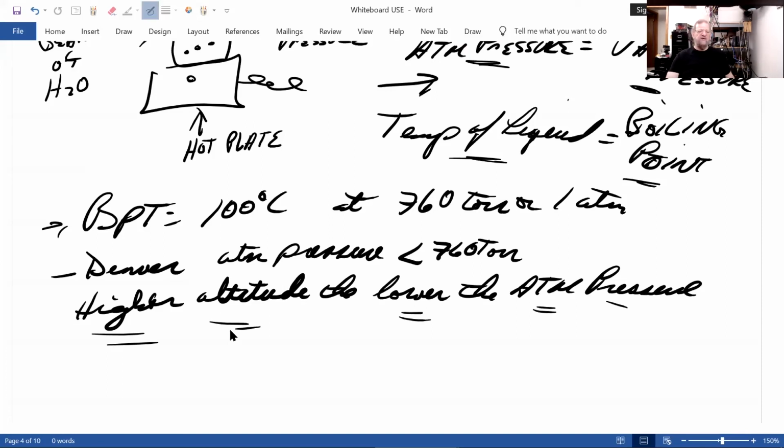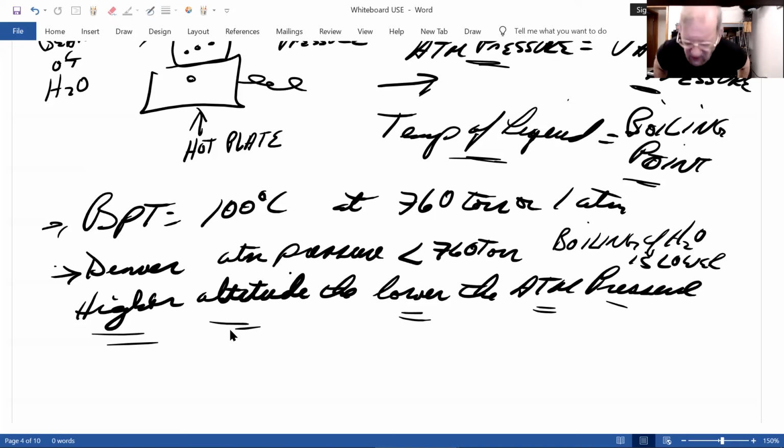So in Denver, which is a mile-high city, the atmospheric pressure is much lower, and therefore the boiling point, this you should know, is lower than 100 degrees. I think it's 95, but don't quote me.